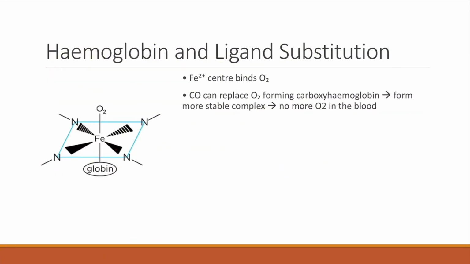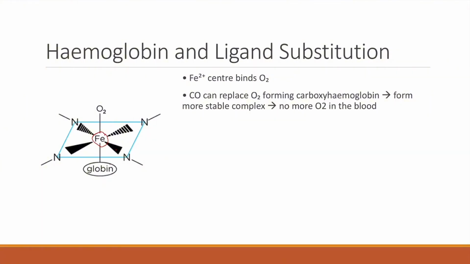Hemoglobin inside our body is a complex ion as well, which is formed of a central ion of iron 2 plus, and the iron 2 plus has around it six different coordinate bonds coming from three different ligands. Four of these will come from the same molecule called the heme.